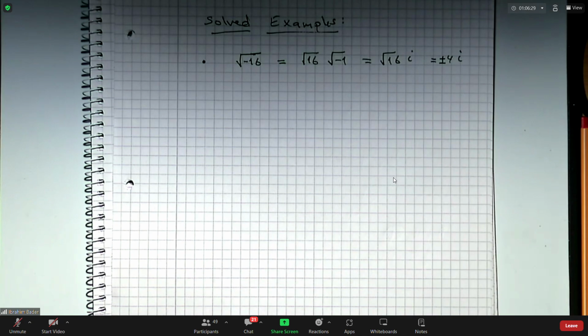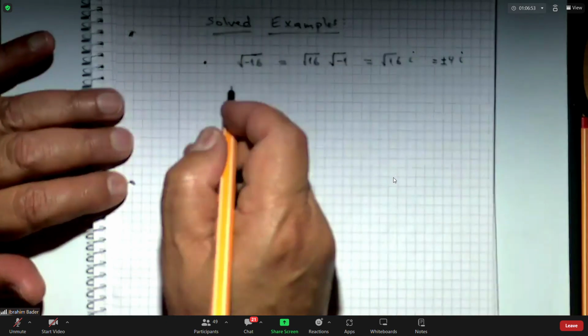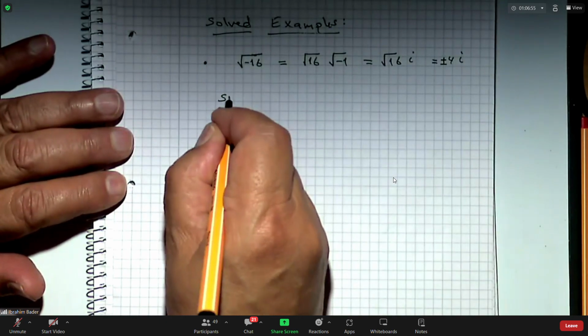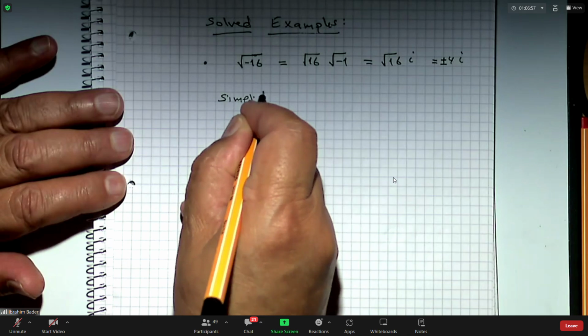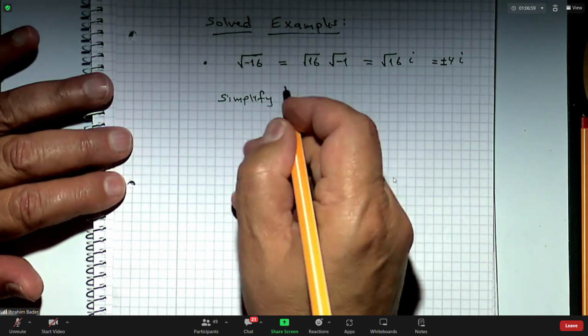Now let me see what other examples. I have some really very interesting examples, and I will give you a couple of seconds to try to find out. Usually this says simplify the following.